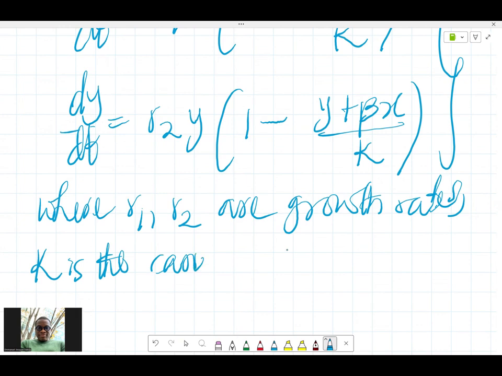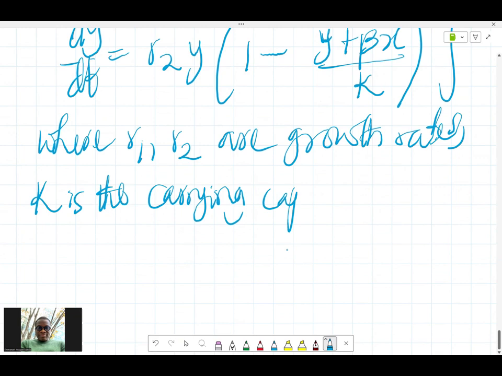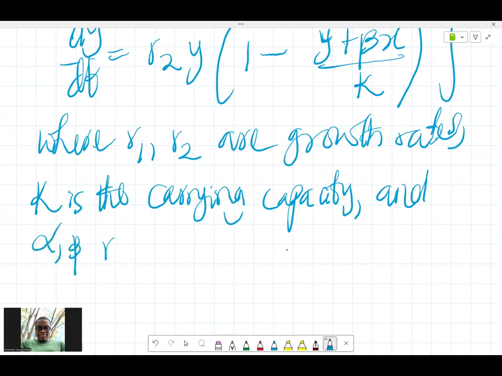Unlike the population growth when we were doing first order systems, where we saw exponential growth, which is unrealistic because there are limits to the space available for species to grow, this is more realistic because K is the carrying capacity, meaning that the environment can only afford so much space. And alpha, beta measure competition.